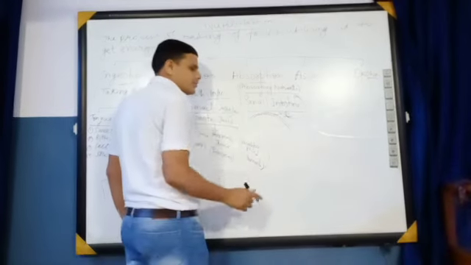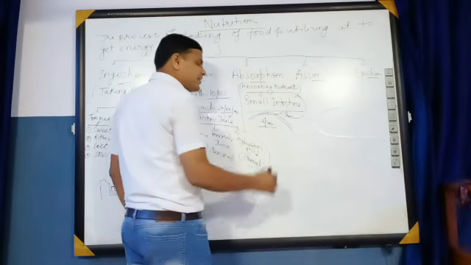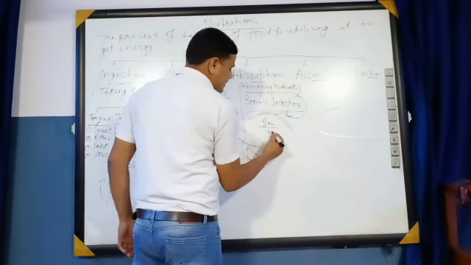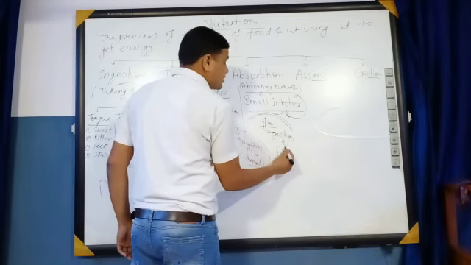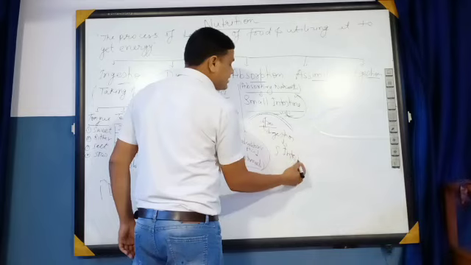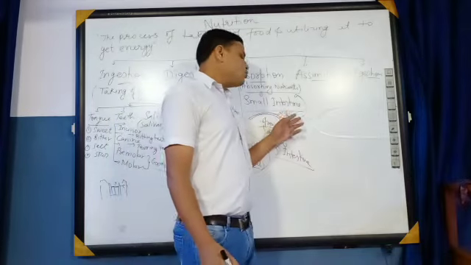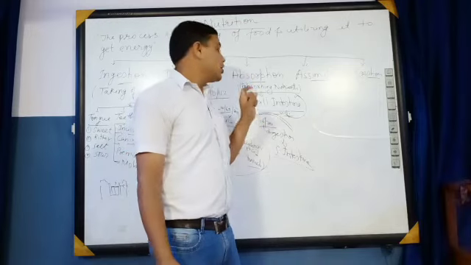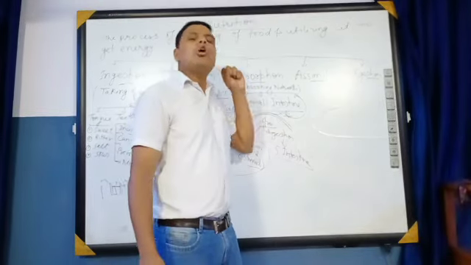One more thing to remember: 10 to 20% of digestion takes place in the small intestine, and after that it absorbs the nutrients with the help of the villi. So the nutrients will be absorbed.